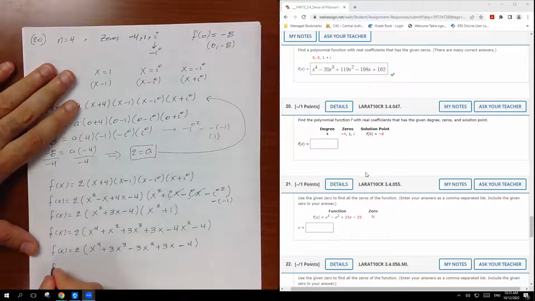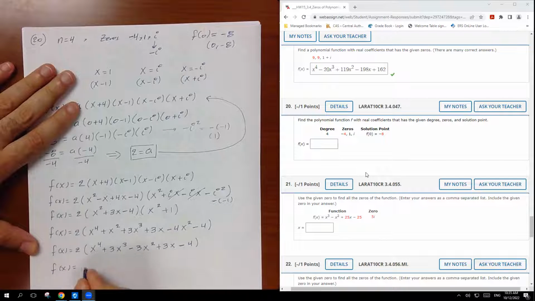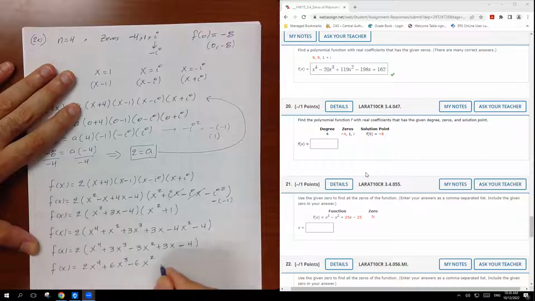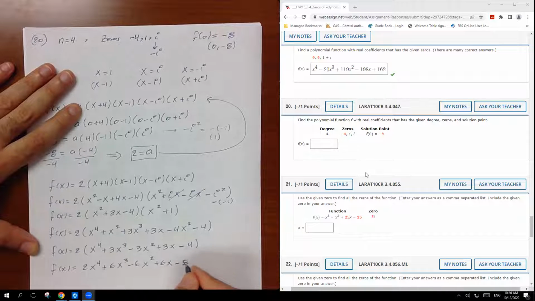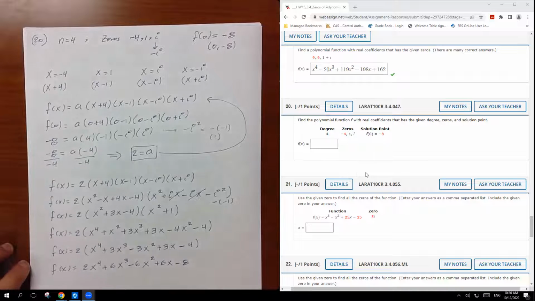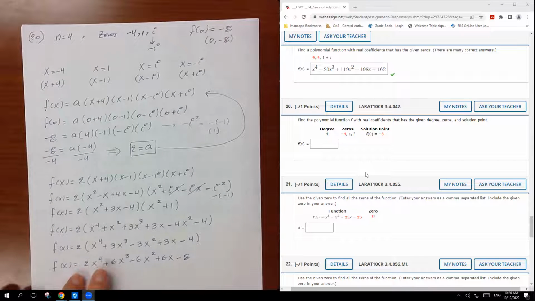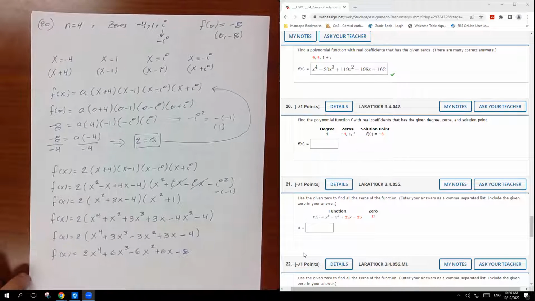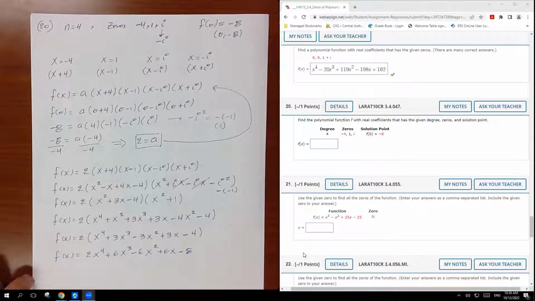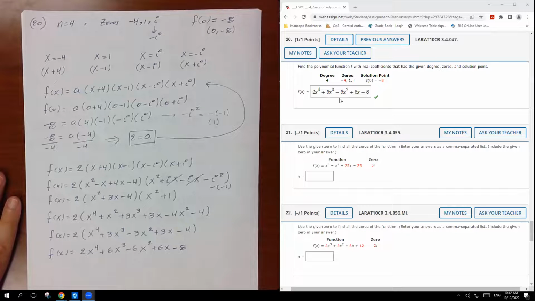Last step, distribute the 2: f of x equals 2x to the power 4 plus 6x cubed minus 6x squared plus 6x minus 8. This is the polynomial function with degree 4, which is what they're telling you. So we got the right solution.